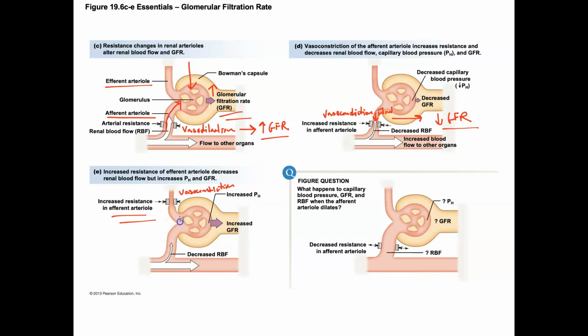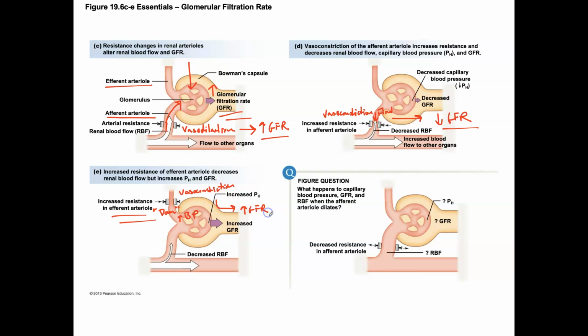So we're going to have increased blood pressure due to essentially a damming effect. We create a dam here. So blood is remaining in the glomerulus. It's going to increase the blood pressure. And so that's going to lead to an increase in the GFR.